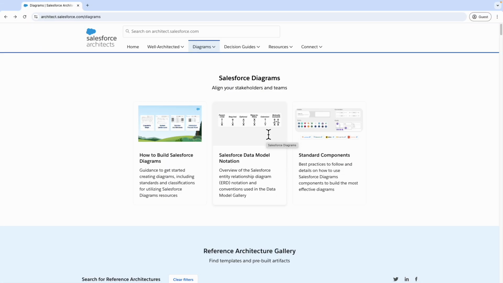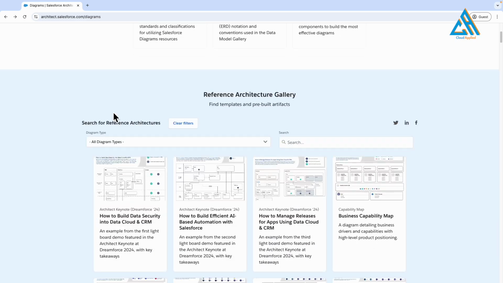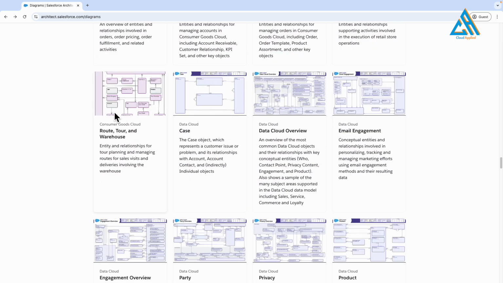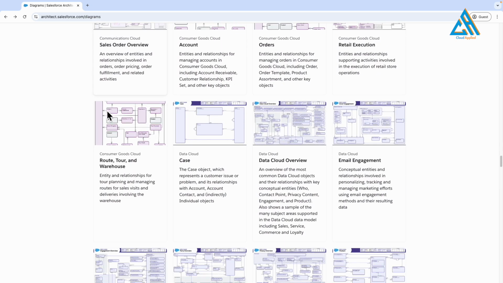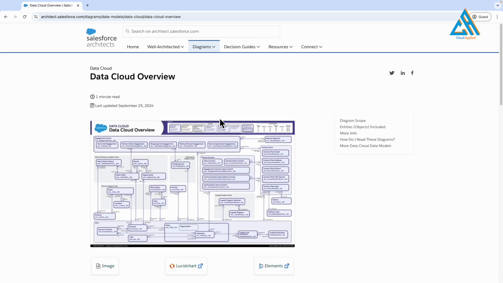Based on ERD from Salesforce Architect's website. So let's see any good ERD diagram that we can apply for this video. Aha! Let's use Salesforce's Prodigal Son Data Cloud overview ERD diagram to understand how to read data using an ERD diagram.